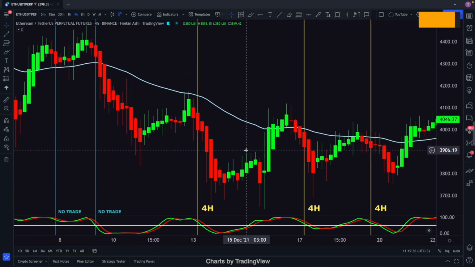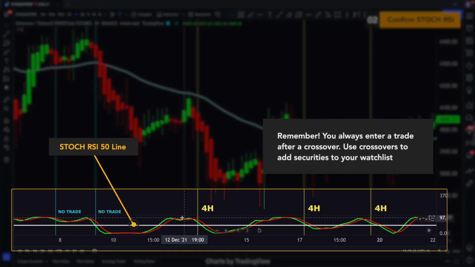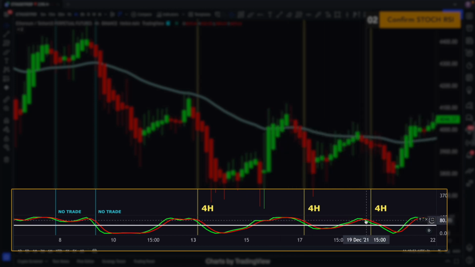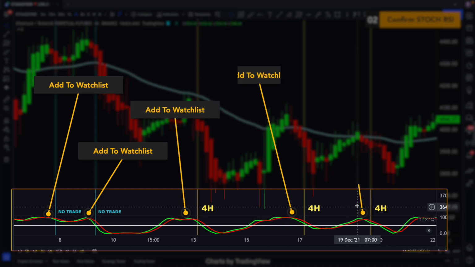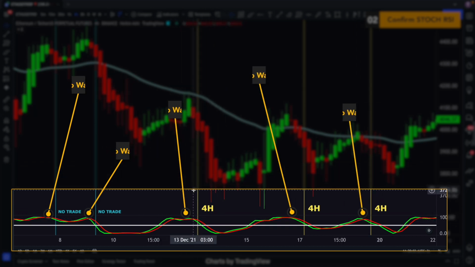I'm quickly scanning stock RSI crossovers above the 50 line and seeing if there is a recent crossover. Please remember, you always enter a trade after a crossover. There are three more significant crossovers. When you see a crossover, please add the security to your watch list and then check later if a position becomes available to enter.